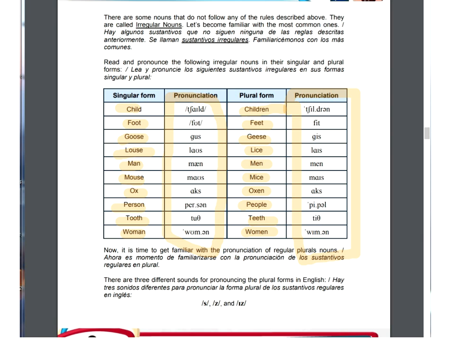Now I'm going to share with you another website for you to do exercises, especially for the present simple. Okay, hold on a second.